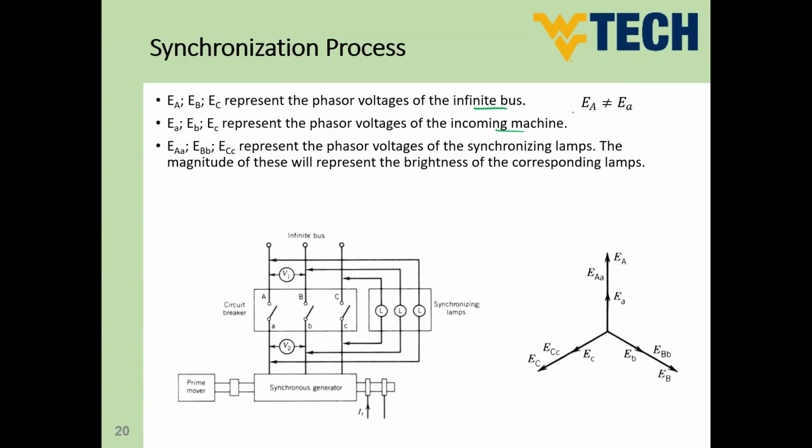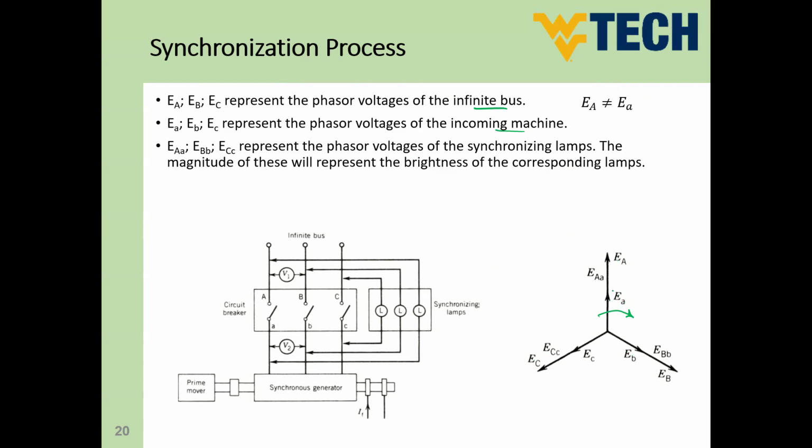What will happen if you don't have the same magnitude? So assume that we have A with A, B with B, and C with C, so we have the same sequence. Assuming that all the vectors are rotating at the same frequency, and we don't have phase shift between phase A of the generator and the infinite bus, so the phase shift is already achieved.